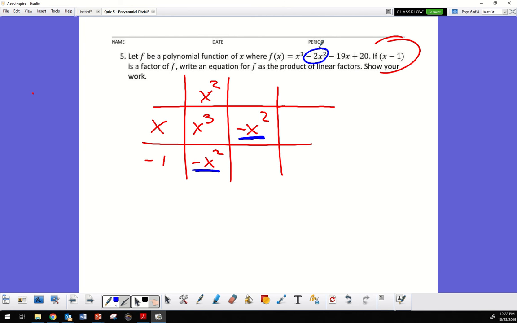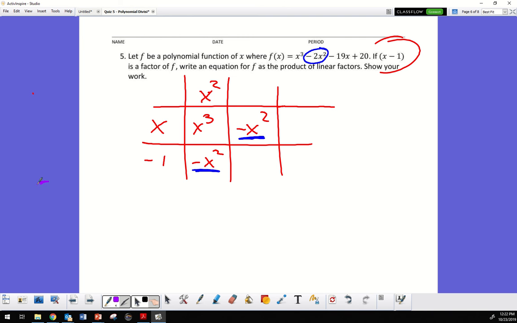So we are adding these together now for that. All right, so let's see. I'm going to change up my color again. I like purple. Purple's a good one. All right, so again, something times x is negative 2x squared.